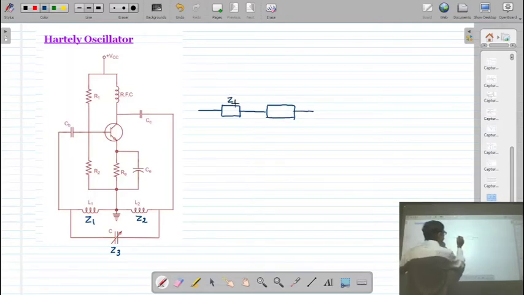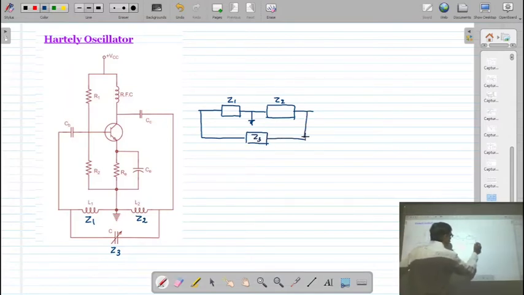This one is Z1, this is Z2, and the connection between Z1 and Z2 is connected to the ground. Then Z3 is parallel to this. So you can represent it in this way, correct?